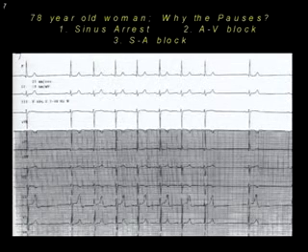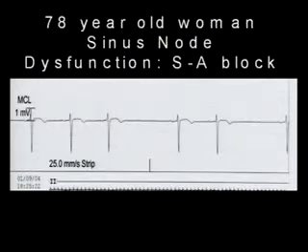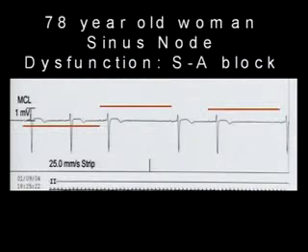Dr. Green? So when you see this perfectly regular rhythm and then a pause, and the pause is twice the PP interval, that suggests that you're actually missing a P wave, but there was a sinus node activation.